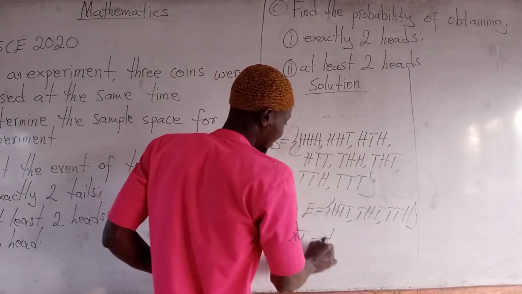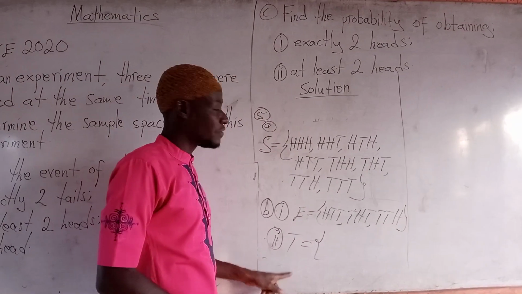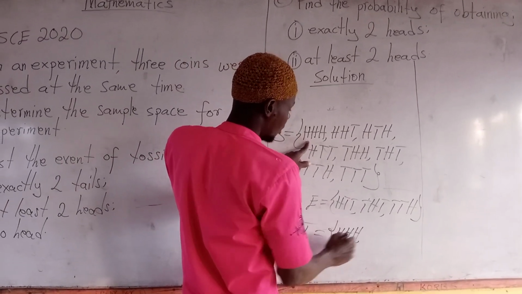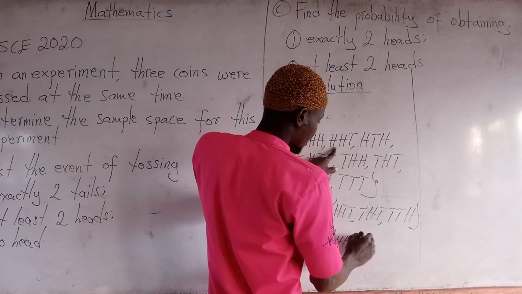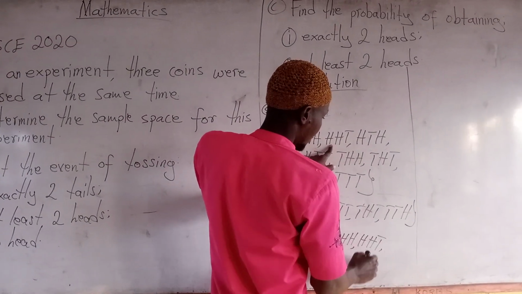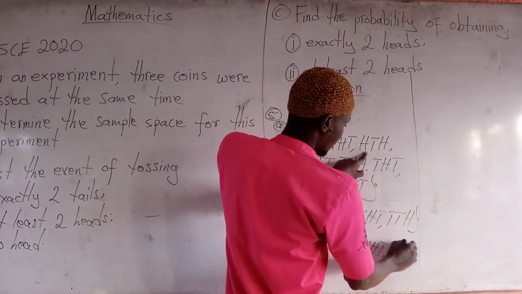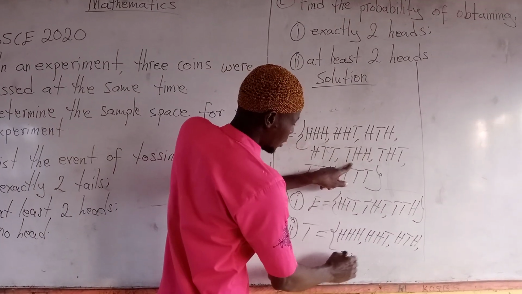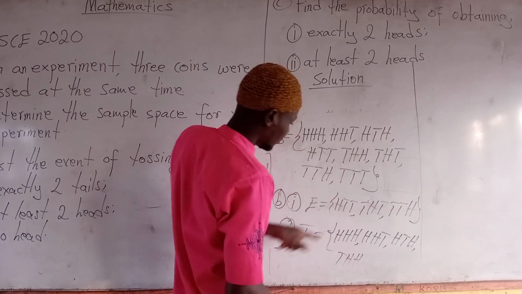In that case, the points that will represent this event will be head, head, head, comma. Then we have head, head, tail, comma. Then we have head, tail, head. Then we have tail, head, head.